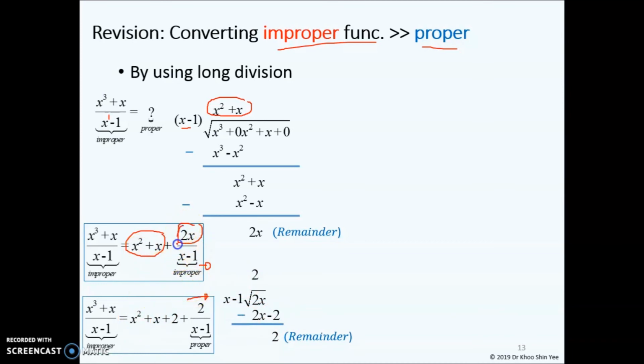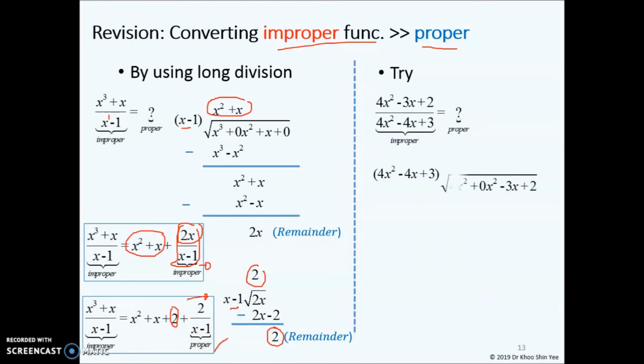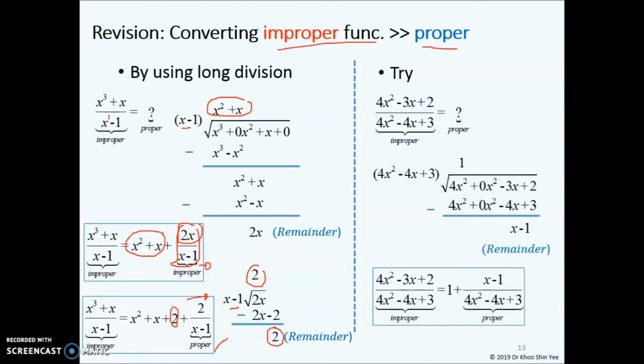So 2x divided by x minus 1, this term you get 2, right there, plus 2 divided by x minus 1. Right? So this is one more example. So in general, you should master the skill of how to convert an improper rational function to a proper function.